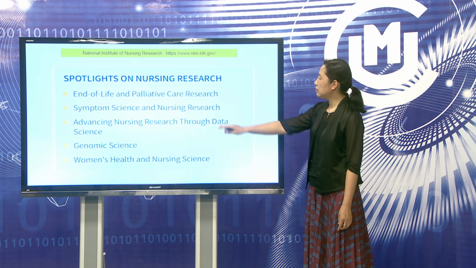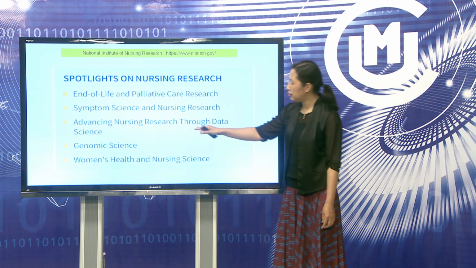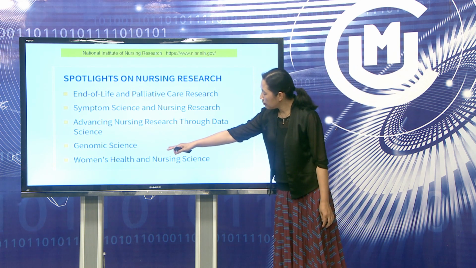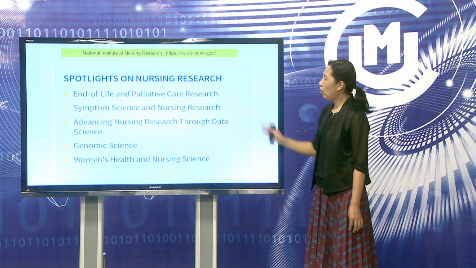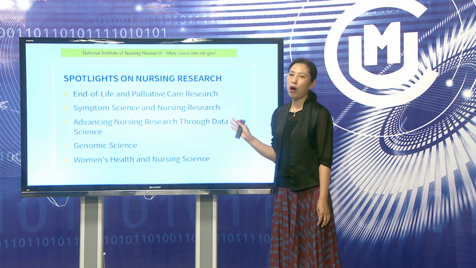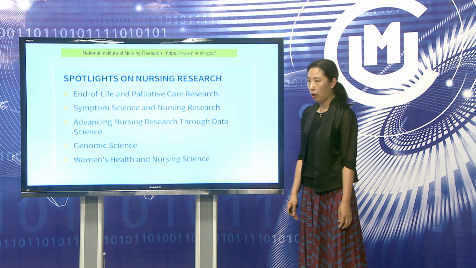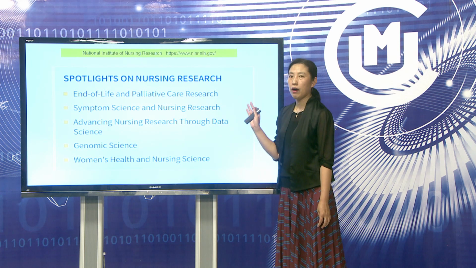The second is symptom science and nursing research. The third is advancing nursing research through data science. And then genomic science, and women's health and nursing science. So all these five are hot topics for nursing research. You may find some topic you are interested in.